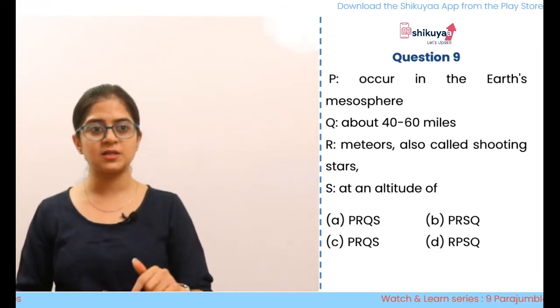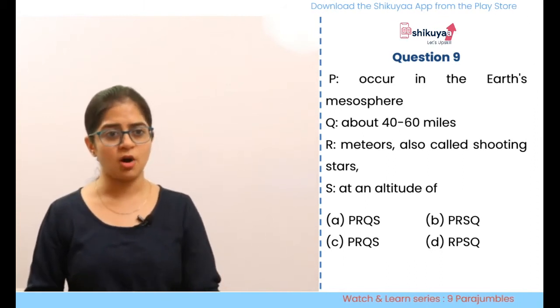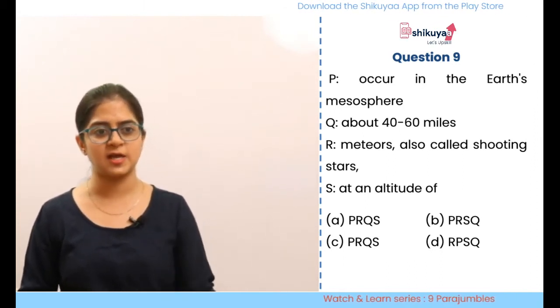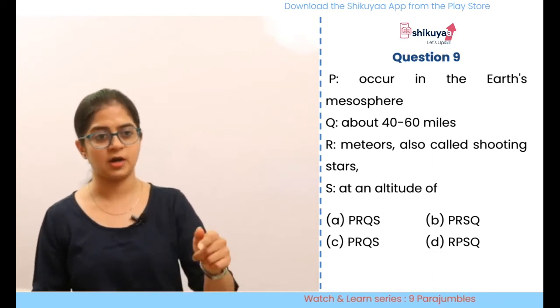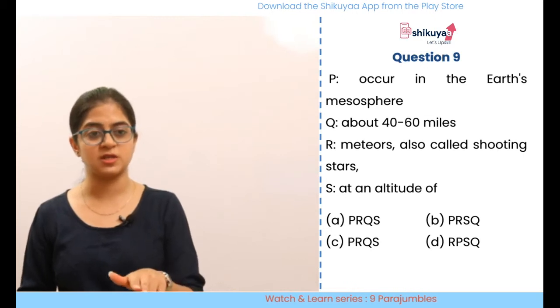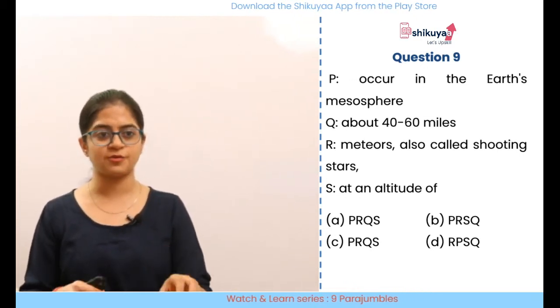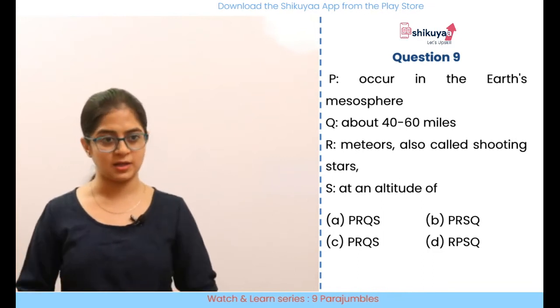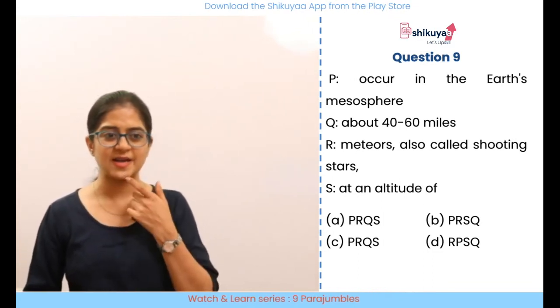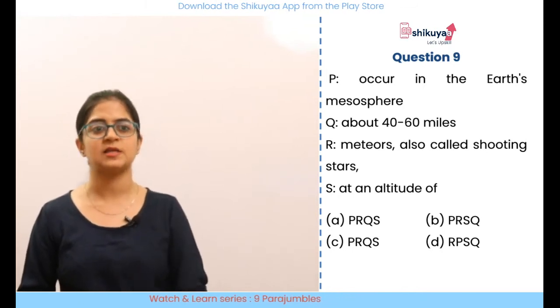P says it occurs in the Earth's mesosphere, and R says meteors, also called shooting stars, which sounds better. Now let us see the other two phrases as well. That is about 40 to 60 miles at an altitude of. So both these phrases are dependent on some other phrases. Now here I feel that R is the most suitable opening sentence, that is meteors.